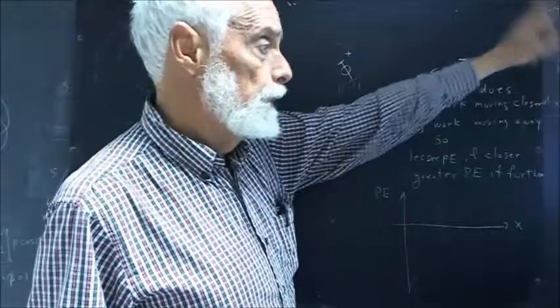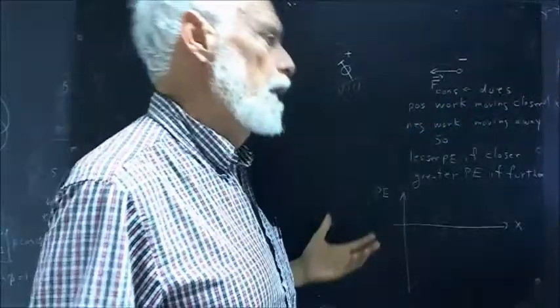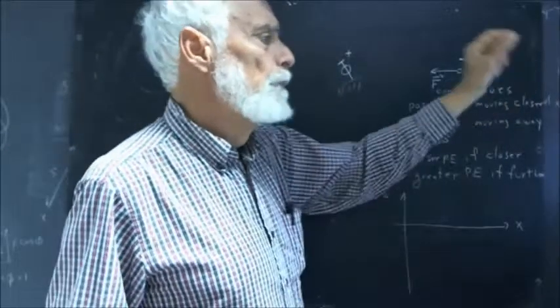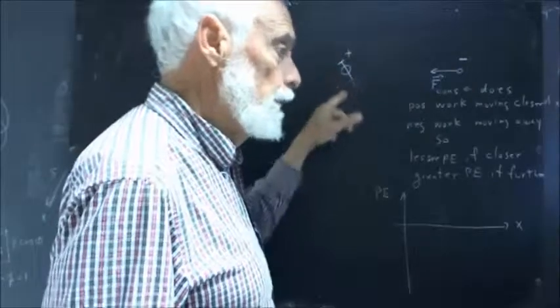In that case, the potential energy is zero at infinity, and then as we move in from infinity, not that you can get any closer if you're already infinitely far away, but according to that model, as we move closer to this charge, the potential energy decreases.